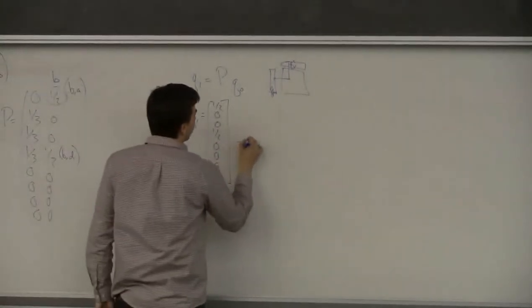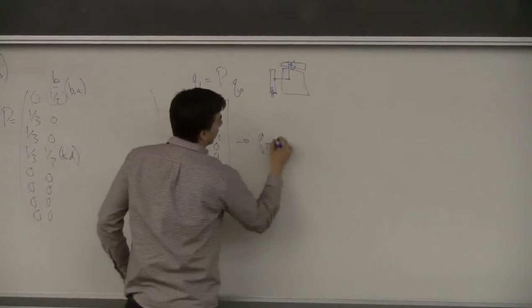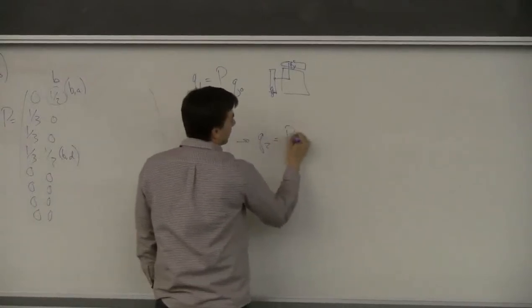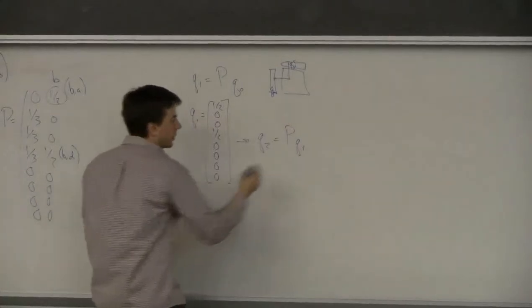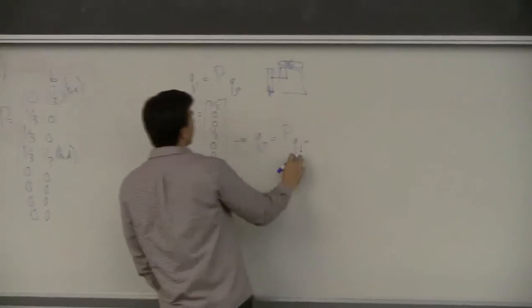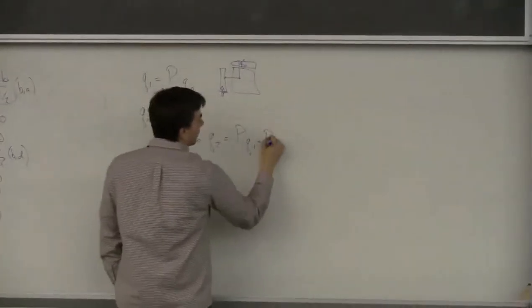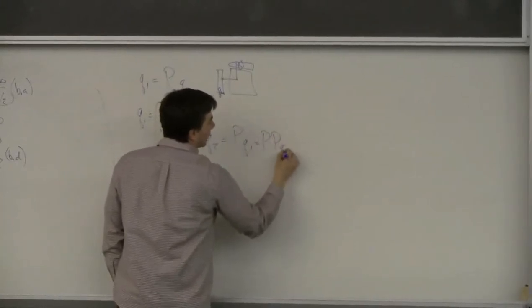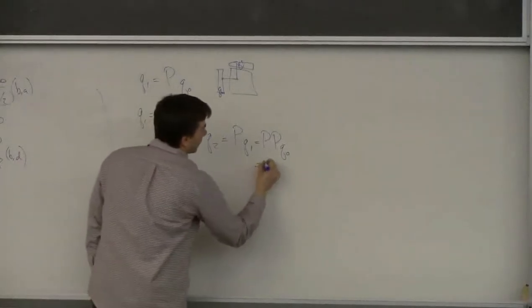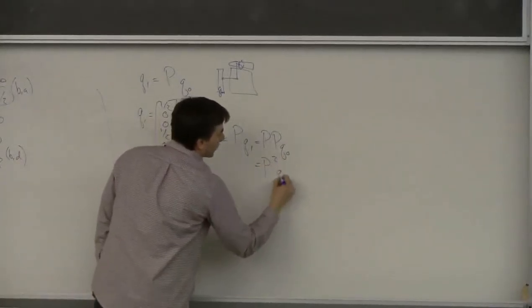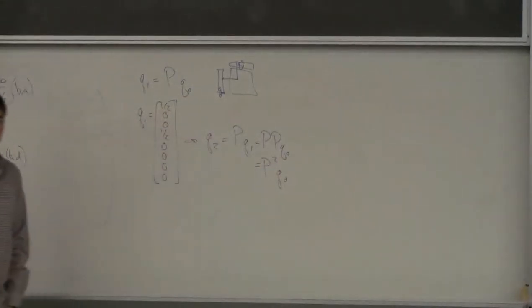I can also write that Q2 is going to be equal to P times Q1, which is equal to, based on the definition of Q1, P times P times Q0. You can also write this as P squared times Q0. So you can do a matrix power of a matrix.